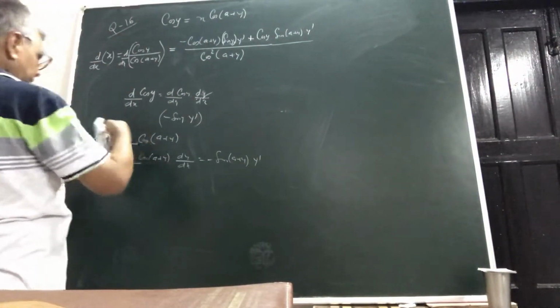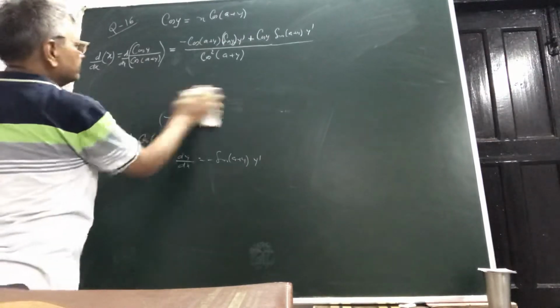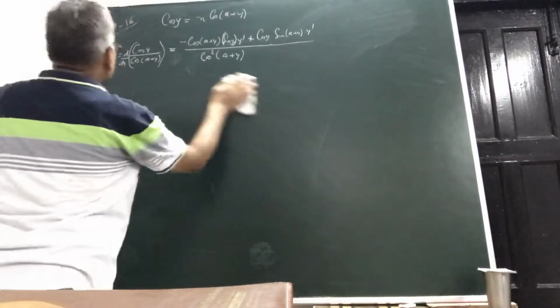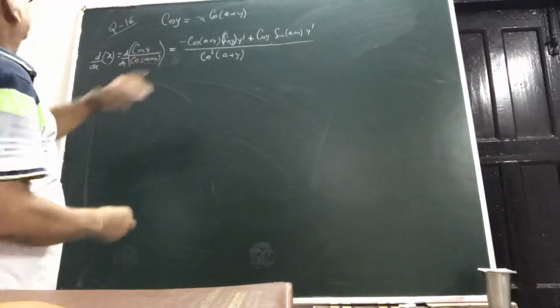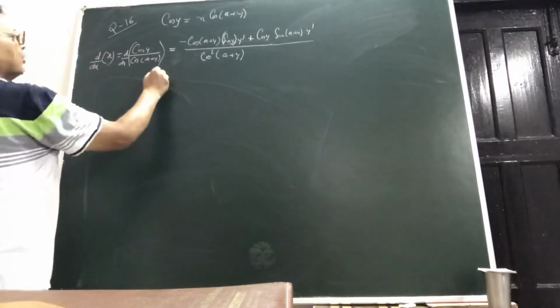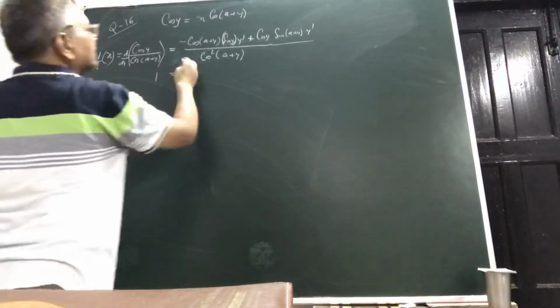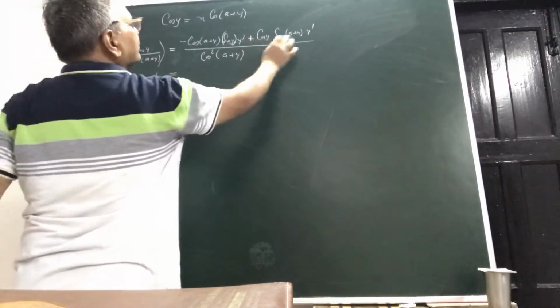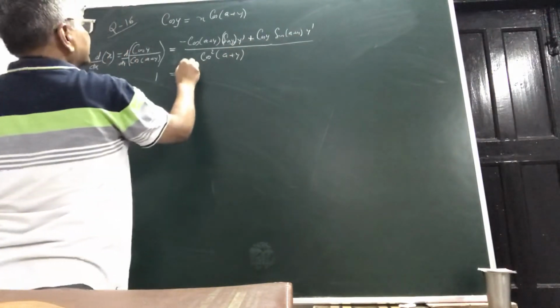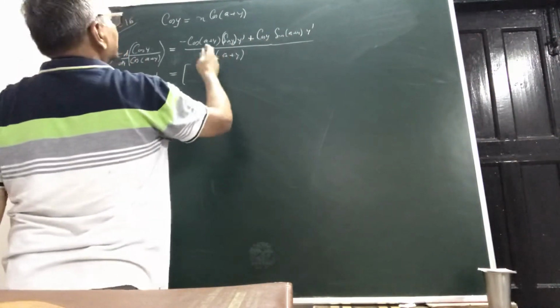Now, please see. Here d by dx of x is 1. So 1 is equal to this thing you write here. Now first you take y' common. So within y' when you are taking common, what you are getting?